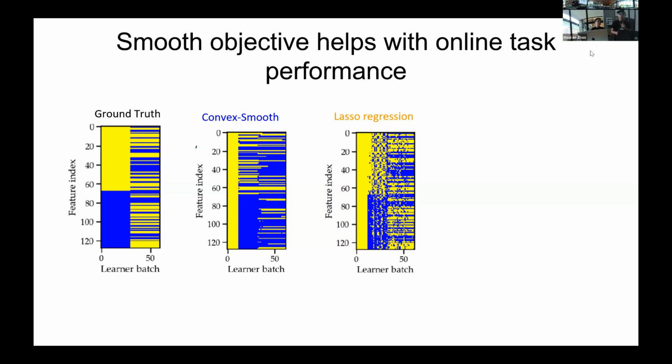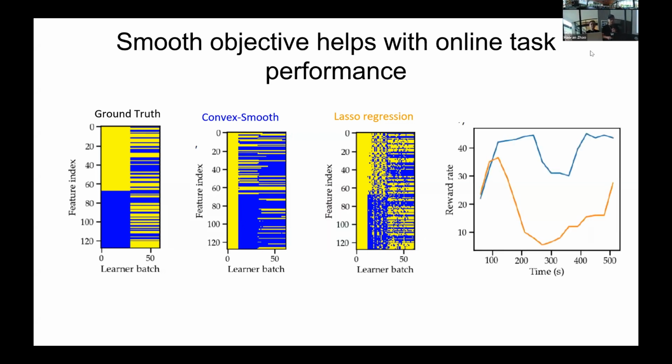As we can see, for the convex algorithm, we can select consistent features across the simulation. And for the lasso regression, we can see spiky features across the feature selection batches. And we compare the performance of those two different types of algorithms.